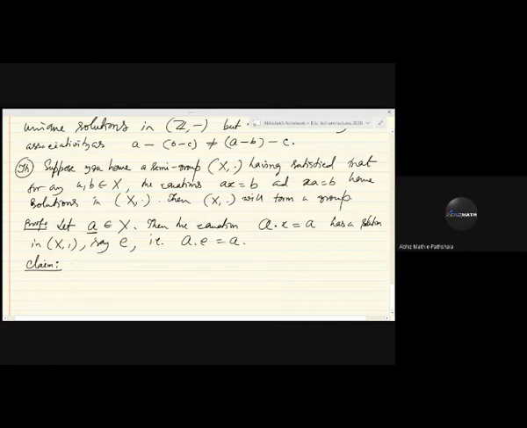So this is true for any B belongs to X. Why?